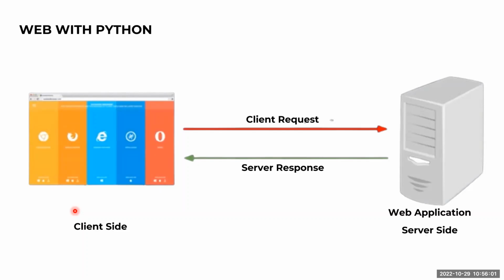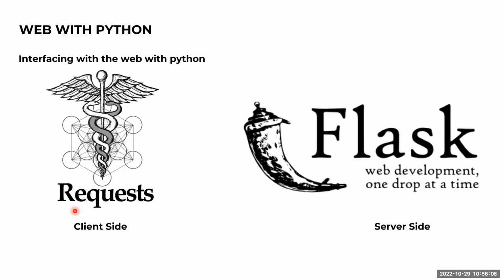So just to continue, if we are trying to interface with web applications using Python, you can use the module called requests. Requests allows you to interface with the client side.